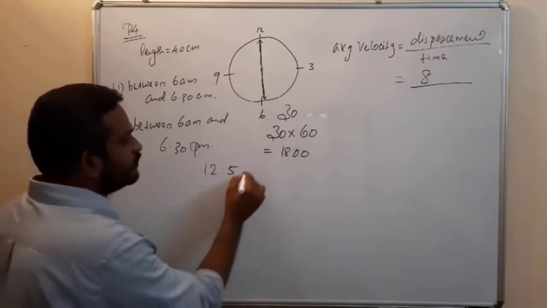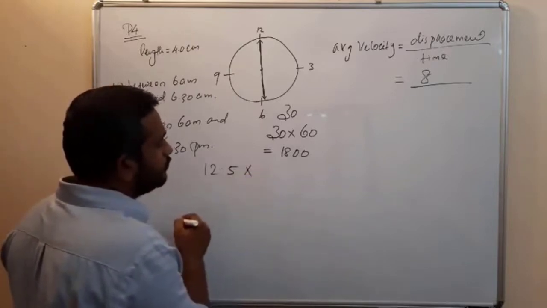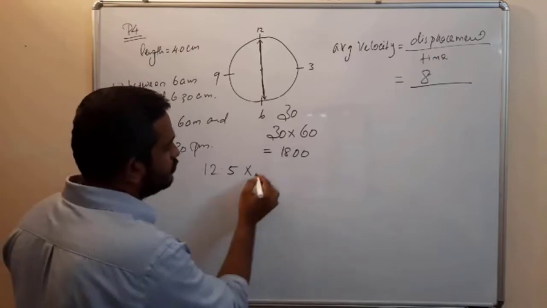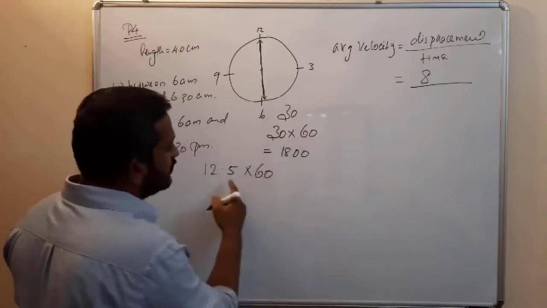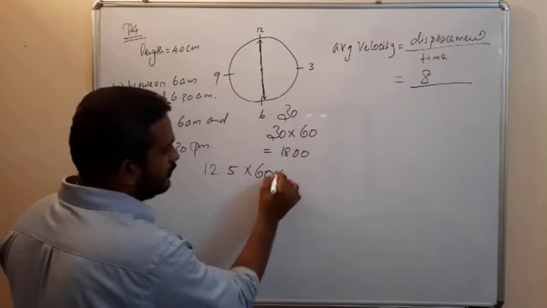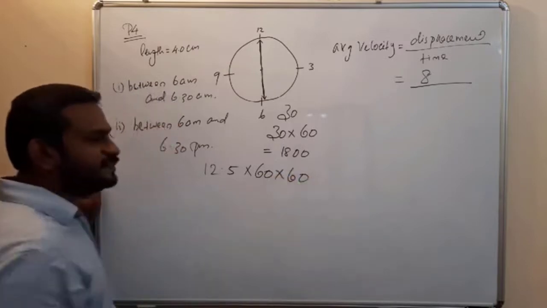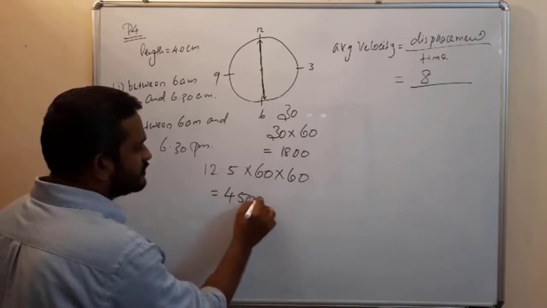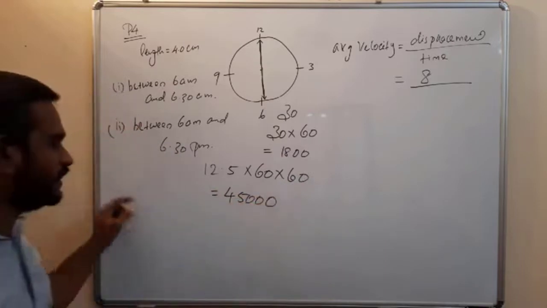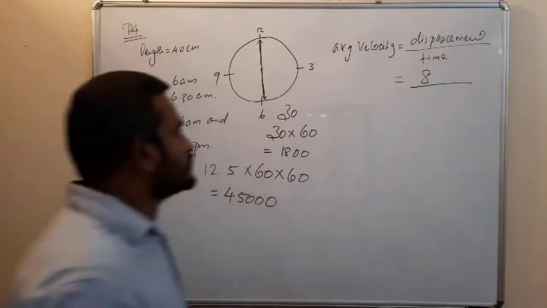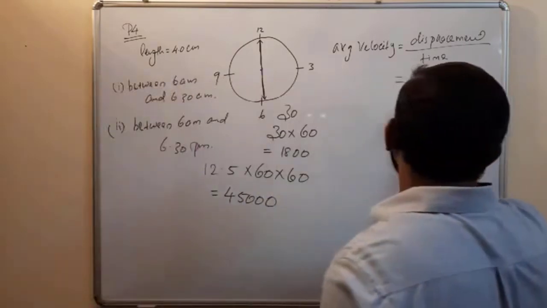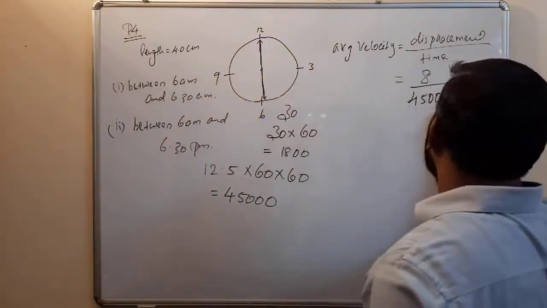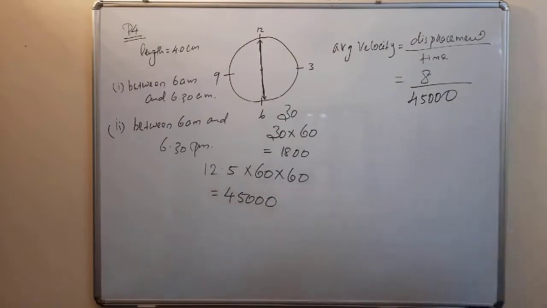So that is 12.5 into 60, hours into minutes, into again 60, that is seconds. If you multiply, we will get 45,000.